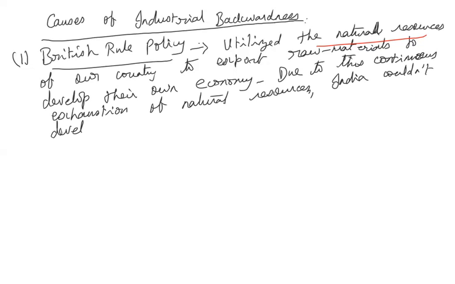Even for the agricultural sector, I mentioned the cotton textile industry. All the raw cotton was exported to Britain, so India couldn't develop industrially. The main ingredient for development is mineral resources, and that raw material itself was being exhausted. Either in minerals or from the agricultural sector, all those raw materials were used by the Britishers, and on top of it, we are also using up the raw materials in our country.